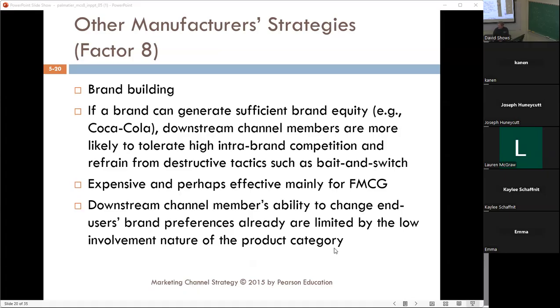And so with brand building, hopefully what you do is you change end users' preferences. In sales promotion, it doesn't always work. But if you're defined and you're wanting to build your brand, you're going to do it in as many places as you possibly can. Mountain Dew did this to great success when they repositioned in the 90s, and they've stayed within the number 3 and number 4 brands for soft drinks.